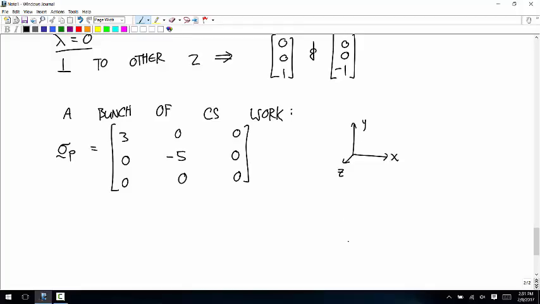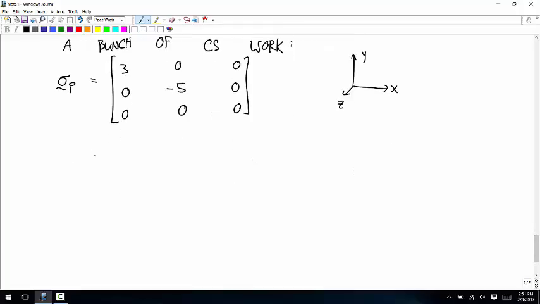Or we could say our principal stress tensor is 0, 0, 0, 0, 3, 0, 0, 0, negative 5.